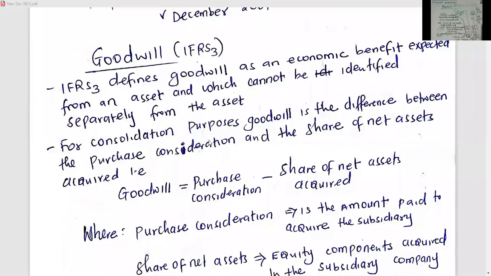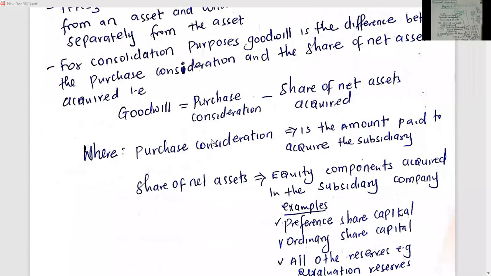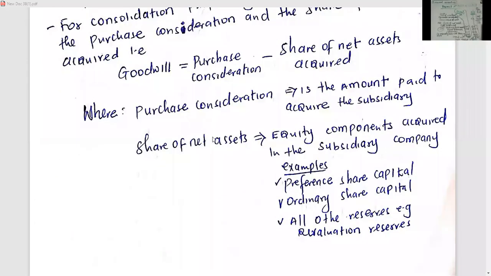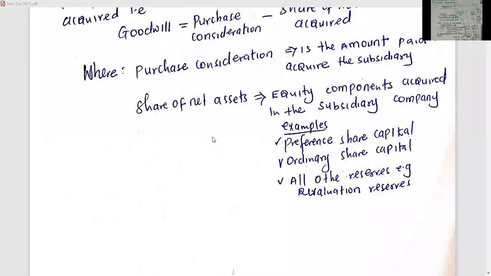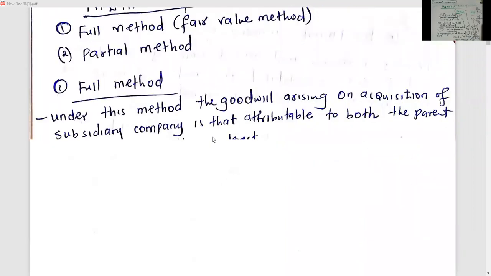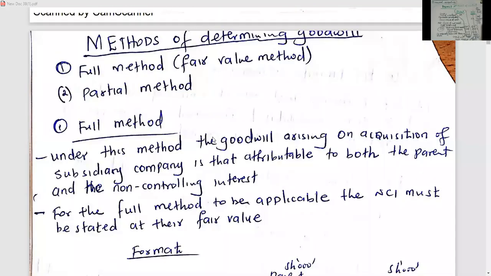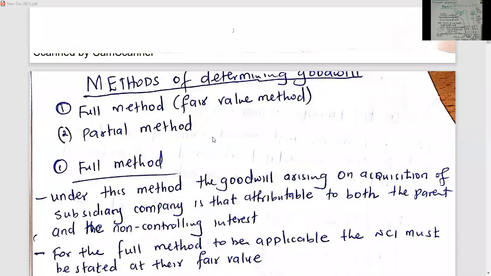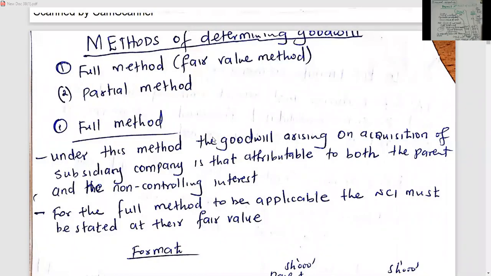Before we wrap up, this is what I was explaining. Goodwill is the purchase consideration minus the share of net assets acquired, where the purchase consideration is the amount paid to acquire the subsidiary. The share of net assets is the equity components acquired in the subsidiary company, for example preference share capital, ordinary share capital, or other reserves. I've explained the methods of determining goodwill: the full method, which we call the fair value method in some scenarios, or the partial method.